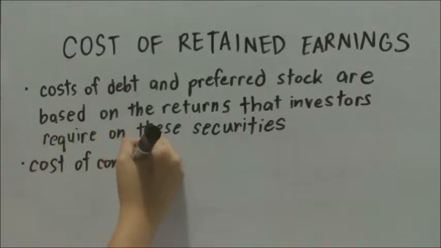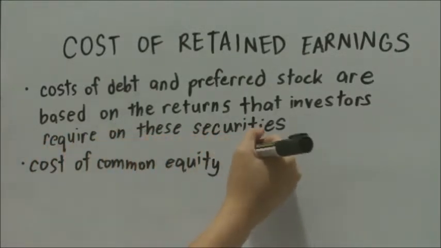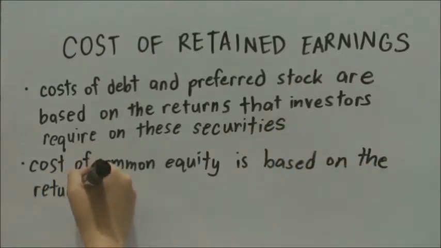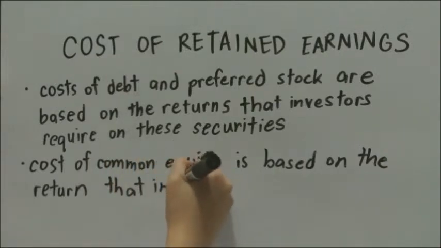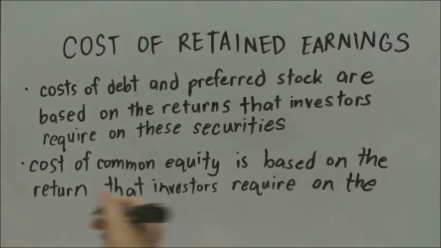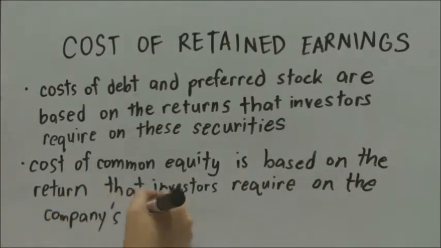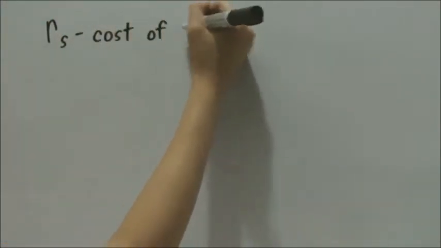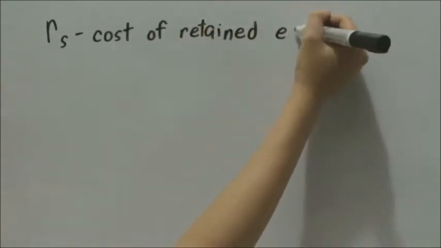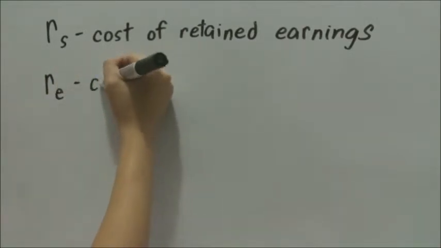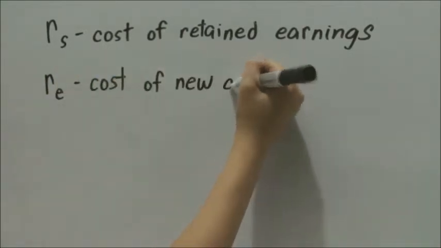Similarly, the cost of common equity is based on the rate of return that investors require on the company's common stock. We use the symbol RS to designate the cost of retained earnings and RE to designate the cost of new common stock or external equity.